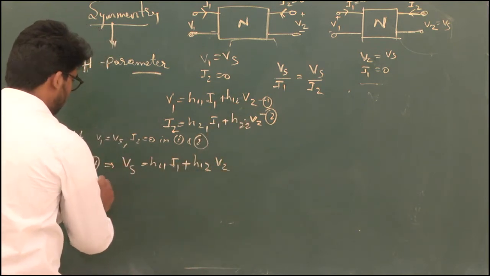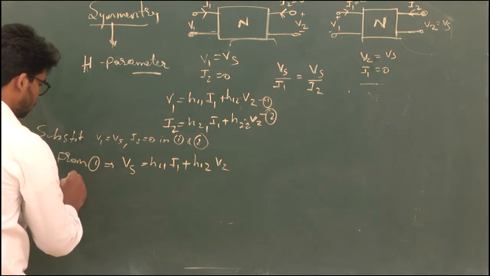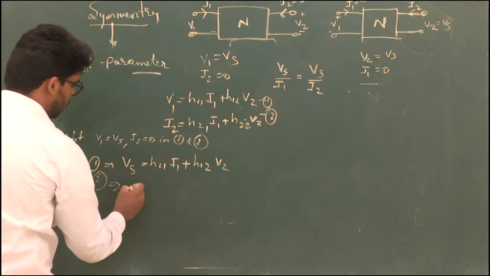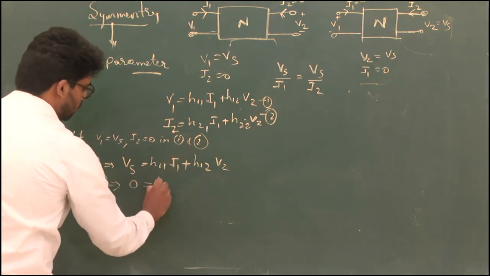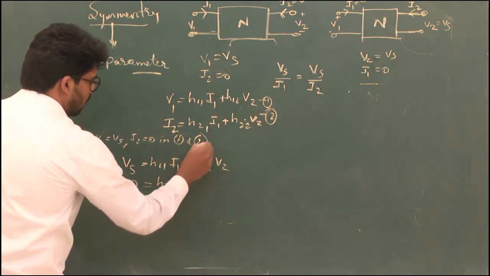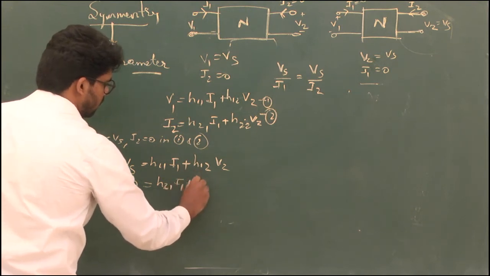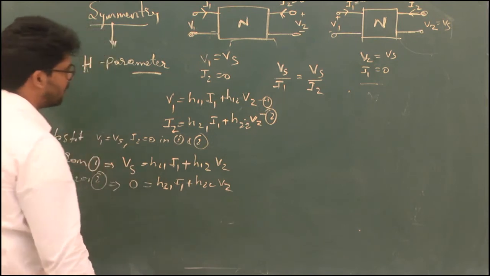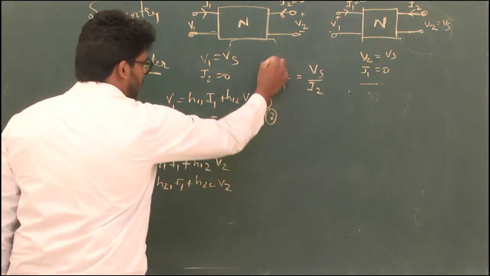And again from 2, you have I2 as 0 equal to H21 I1 plus H22 V2.